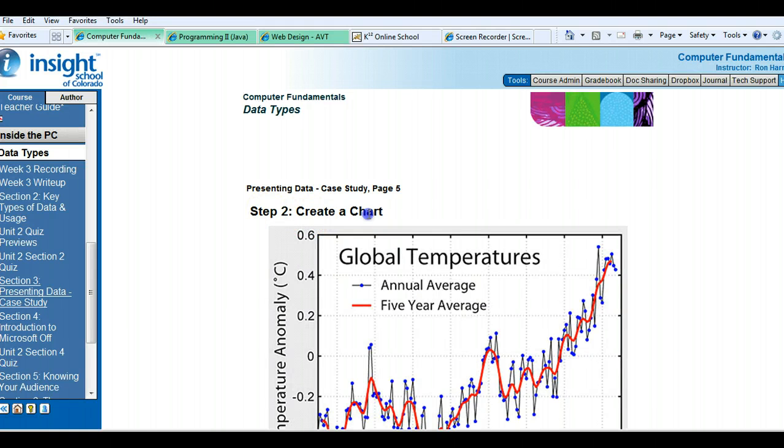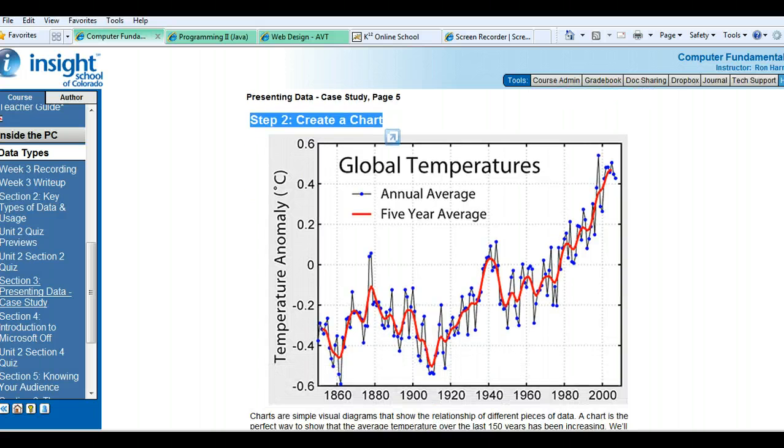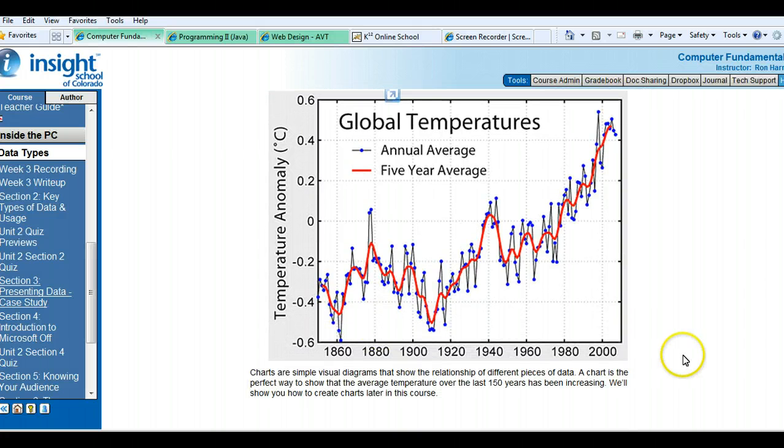Second step, create a chart or some image, because images are very valuable to people. Images can give lots of information and make it much more understandable for most people. So you can see this image of temperature changes shows a rise in temperatures, obviously.